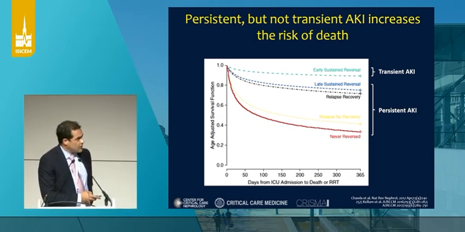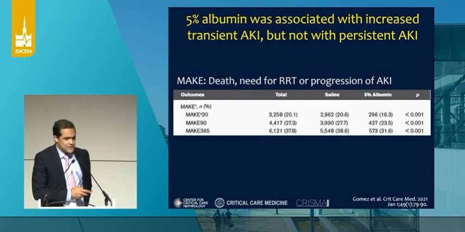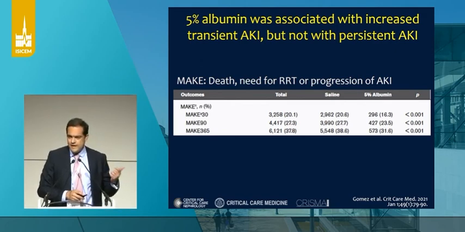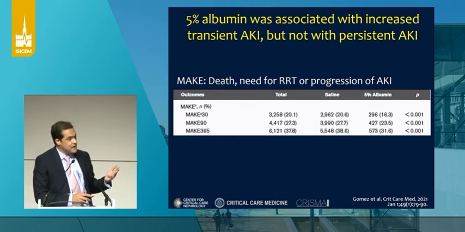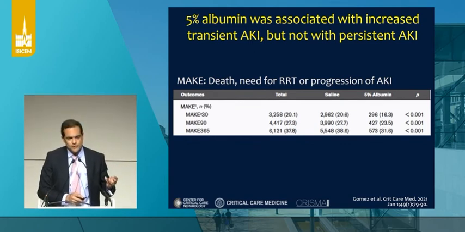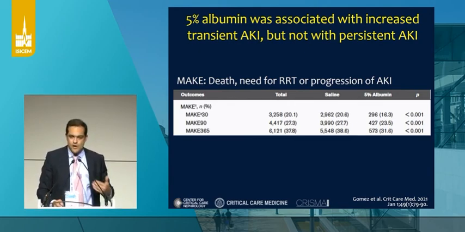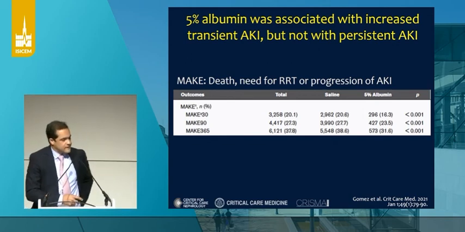In our cohort, we found that albumin was actually associated with a decrease in MAKE, major adverse kidney events, and actually none of the patients that were exposed to albumin required renal replacement therapy, suggesting that these patients were not developing persistent AKI, but rather just transient AKI.